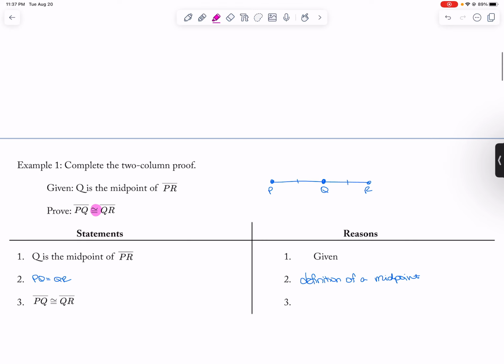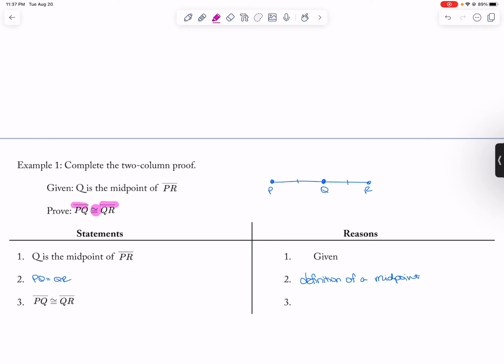Whenever you have the congruent symbol, you do need the little line segments over it so that I know there's a difference. When we talk about equality, we're talking about measurement, actual values, and that's where we don't have to put the little line segment over it.